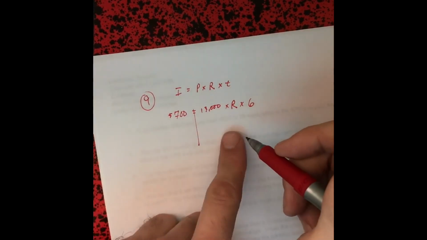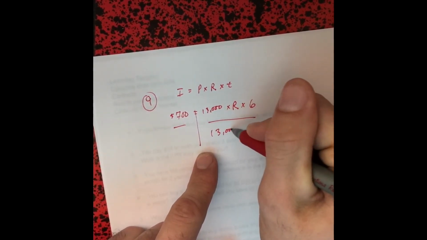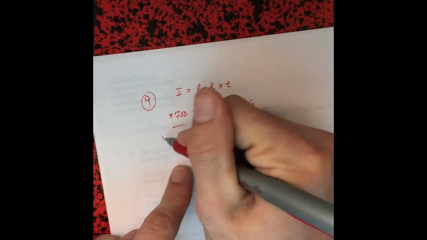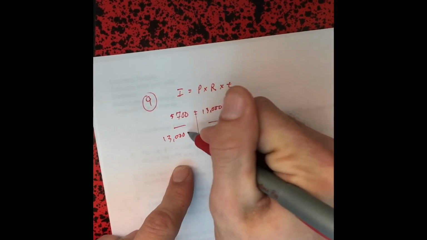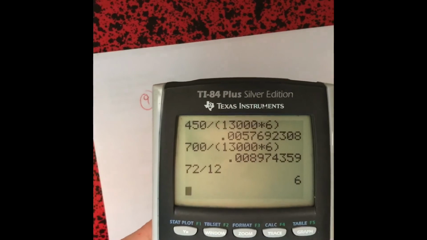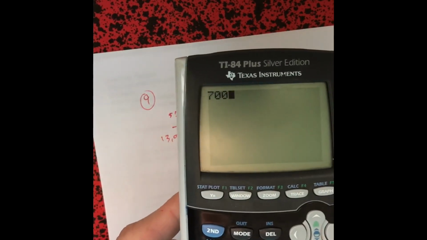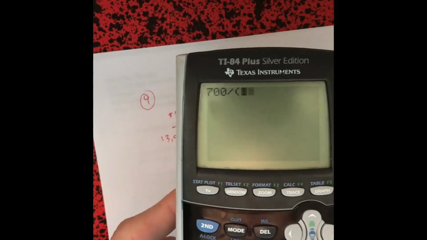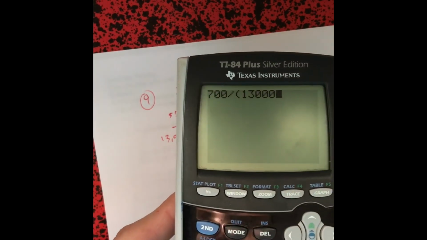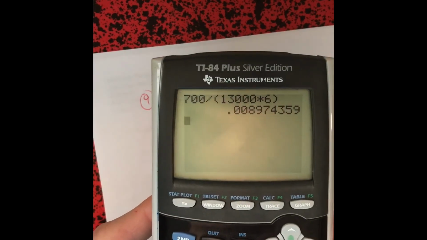And then we're going to solve for R. So we're going to divide both sides by 13,000 times 6. And that's going to tell us our R. So it's $700 divided by 13,000 times 6. That's 0.0089.